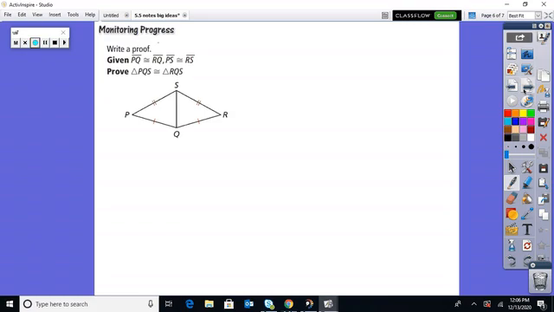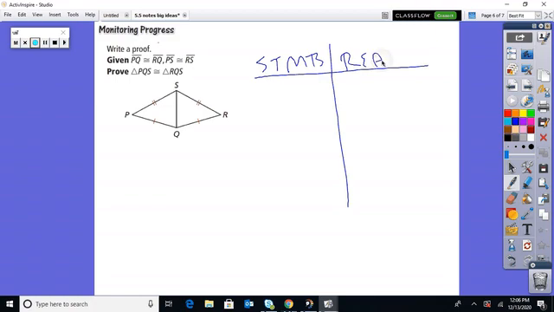Two last proofs I want you guys to try. All right, back again. This one again, about as easy as you can get. Practicing SSS is typically the easiest one because there aren't any angles involved to confuse you. You got 3 sides, you got 3 sides. Of course, we mark the middle reflexive.